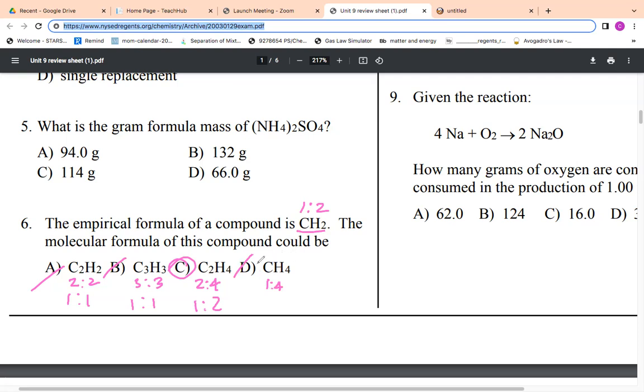Again, what we're doing is working backwards. So if you had originally been given this molecular formula for ethene, and we had asked you to write out the empirical formula, you would have just taken these numbers. Your ratio right now is 2 to 4, but your empirical formula is always the simplest possible ratio between your atoms. Both of these are divisible by 2, so I can divide these by 2, and then we end up with 1 and 2.